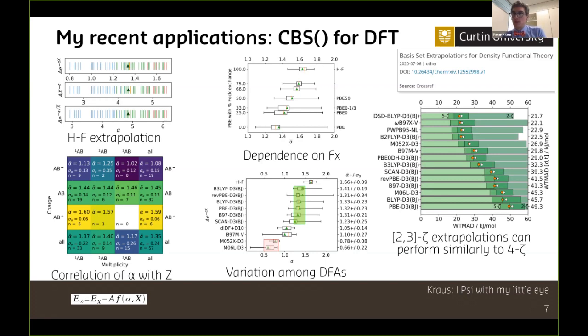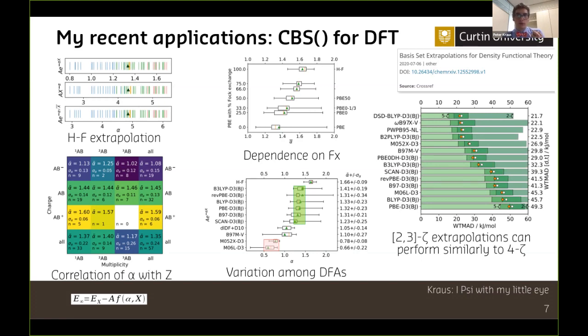And the dots, the orange dot and the white dot, are two chosen different extrapolation methods. And we can see that definitely there is a systematic improvement over the triple zeta calculation. This was done with correlation consistent basis sets. Actually, the method performs even better if one uses, for example, the Karlsruhe family, the def2 with augmentation.